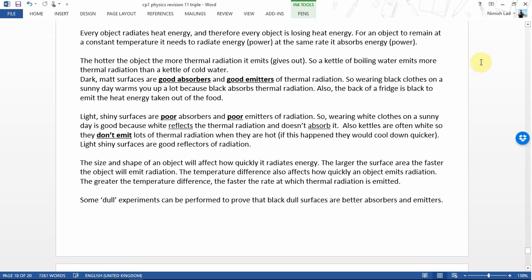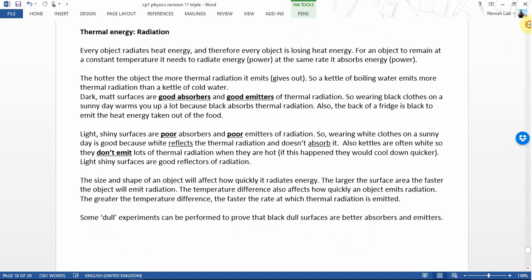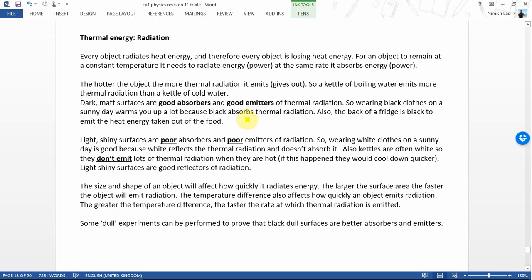Right. So moving on slightly before we go back to the assessment criteria. Thermal radiation. Objects give out heat at different rates depending on different substances and different properties. Dark matte surfaces are good absorbers and emitters. They're very good at giving out and very good at taking in heat.